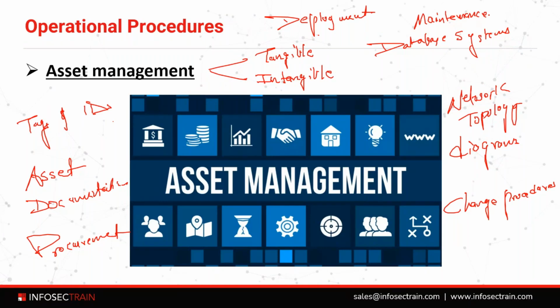Maintenance means it implements a procedure for monitoring and supporting the use of the asset. And disposal, it implements a procedure for sanitizing any data remnants that might be stored on the asset before reusing, selling, donating, recycling, or destroying the asset.